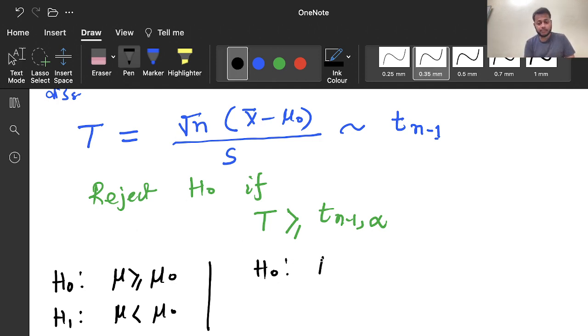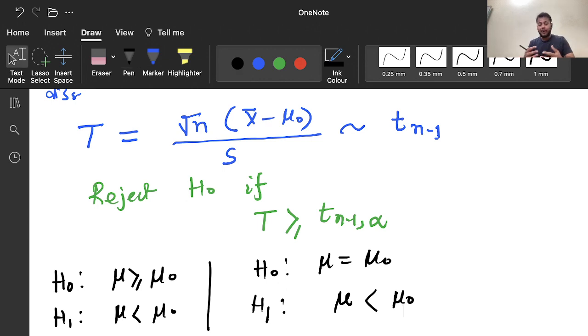That is, H0 mu equal to mu 0 and H1 mu less than mu 0. For both hypotheses, the test will be the same.